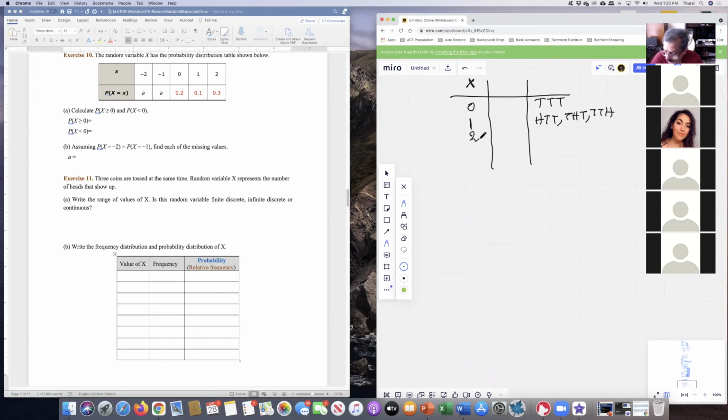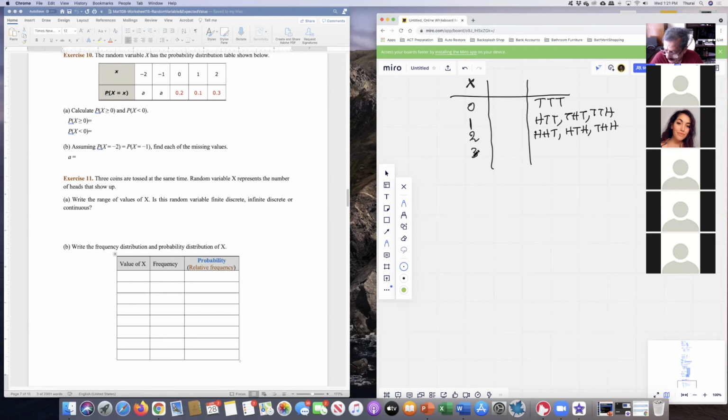Okay, 2. The random variable will be 2 for the outcomes of HHT, HTH, THH. Did I miss anything? No, right? That's it. All right. 3.